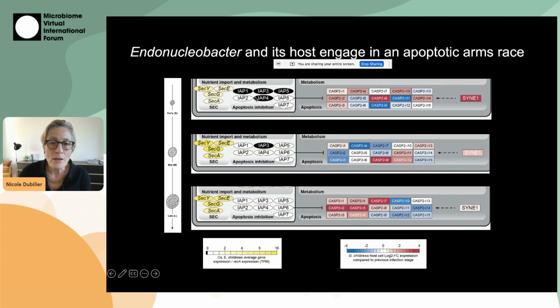What you see here on the left side are the expression patterns of the inhibitors of apoptosis. Black means not expressed. Only 3 are expressed in the beginning stages. Caspases, when it gets red, are not highly expressed. And when we get to the late infection stages, all 7 inhibitors of apoptosis here are being expressed. You can see the host is ramping up its caspases to try to counter this.